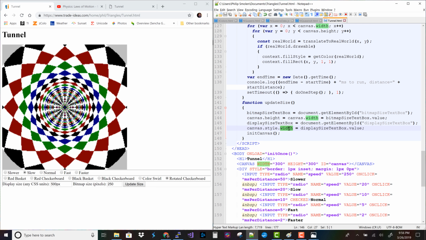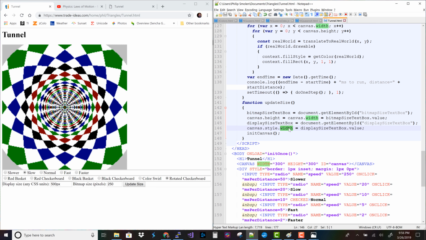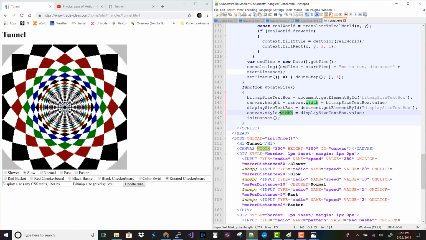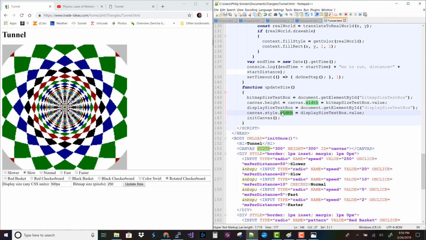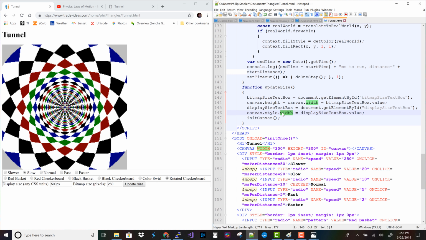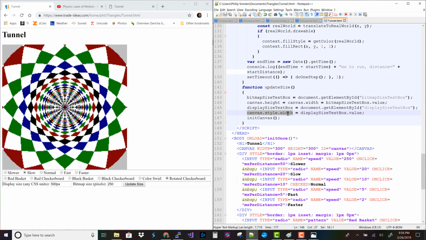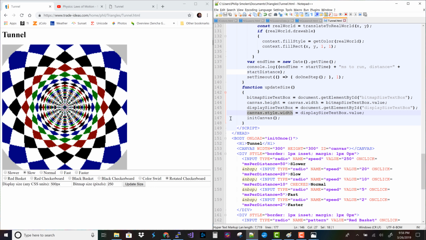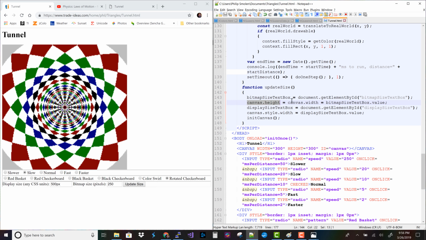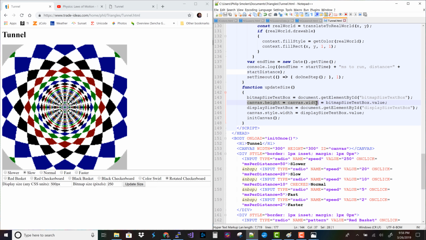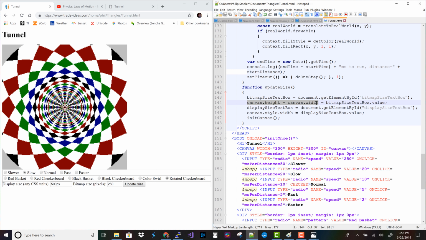We're shoving it into that width property. And again, this is just canvas width. This is canvas style width. If you look it up, trust me, this is what's visible on the screen, how wide it really is. And this is the level of detail, how many pixels.